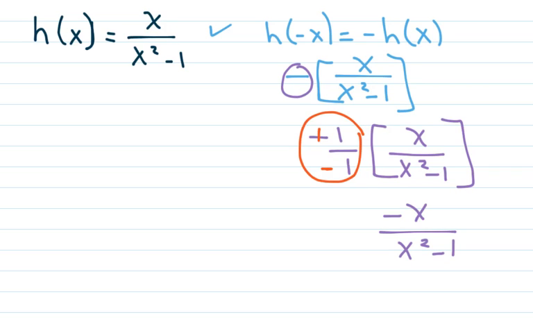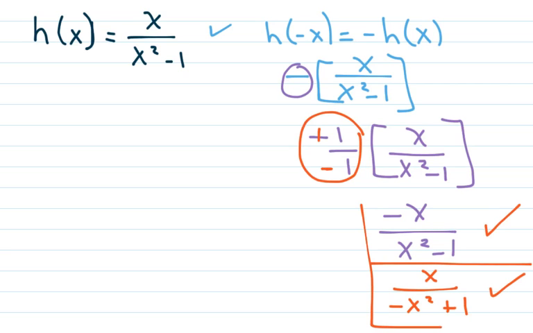Or my odd function would look like x over negative x squared plus 1. So if I get this or this, that means it's odd. There's two different ways it can look, so you need to know what it looks like.